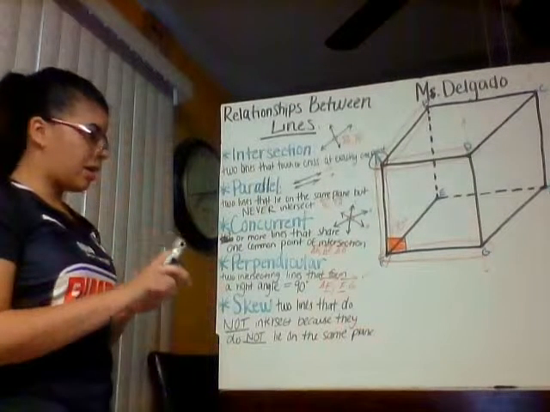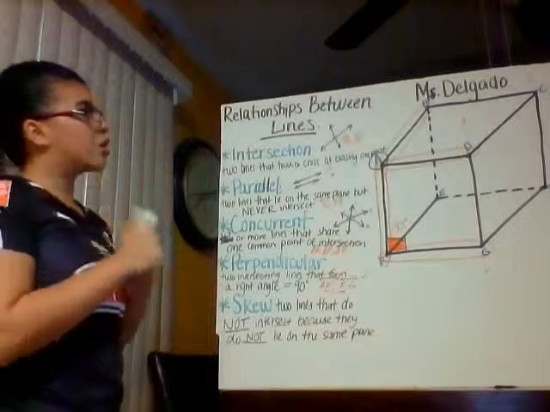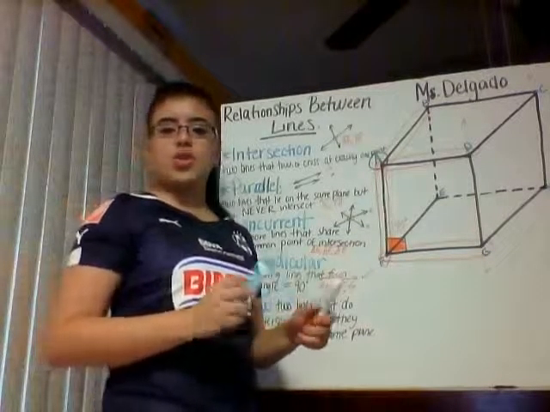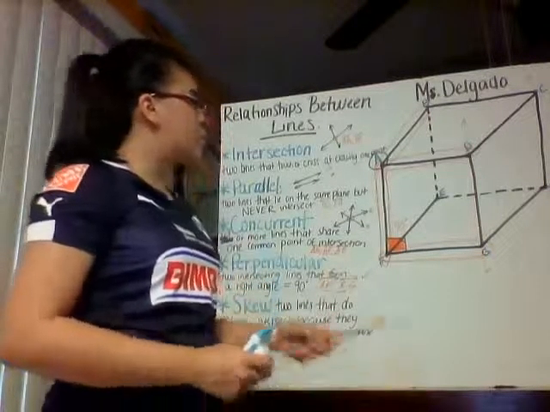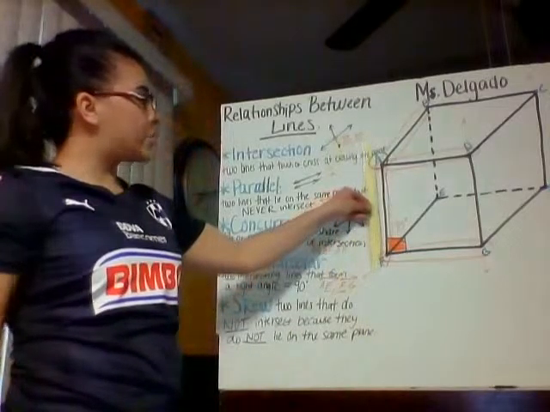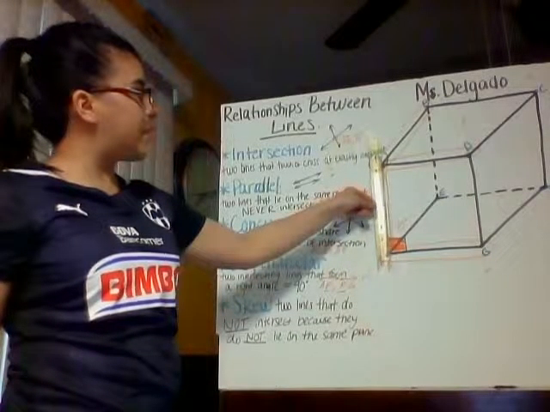Okay? And so let's look at our diagram and try to find two lines that do not intersect. We use our ruler and they also have to be on a different plane.